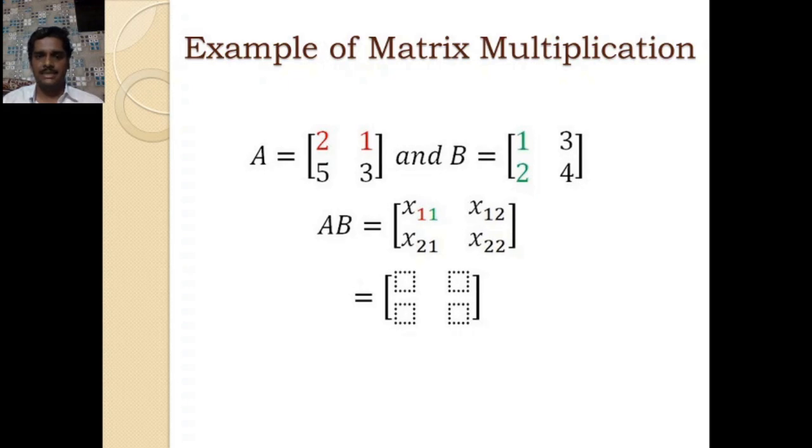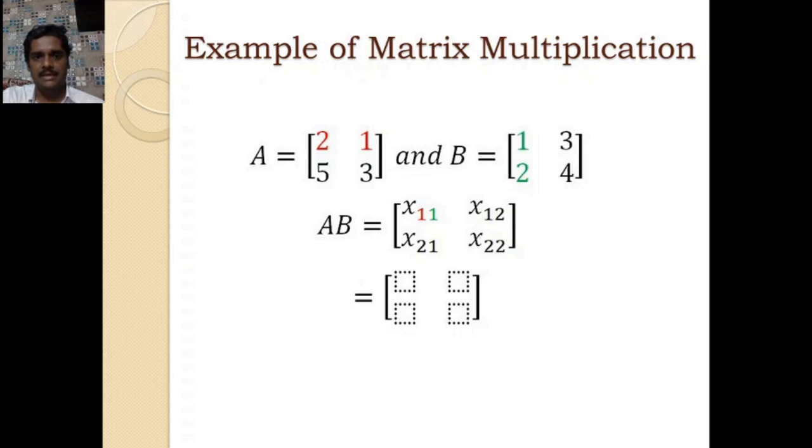So to make you understand nicely, I have used a red and green color combination over here. I have used red color for rows and green color for columns. And right now we are talking about the first element, that is x11. So in x11, 1 is the row index, and 1 is the row index means you have to pick row 1 of A. Row 1 of A is 2 1.